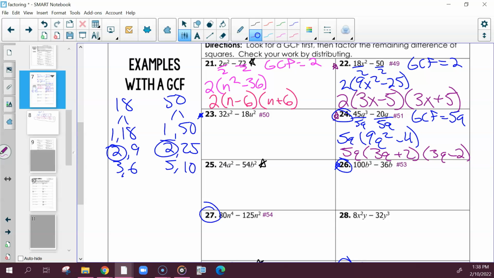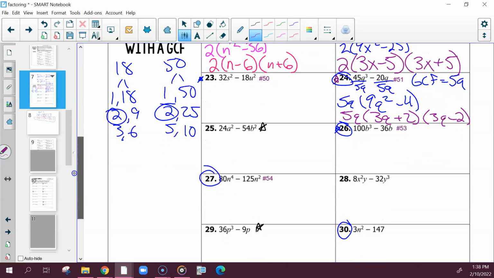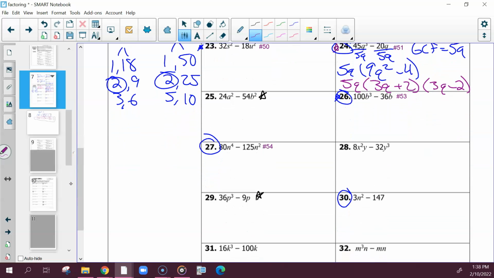Let's do another. 426. Do you know what the GCF would be off the top of your head? Those are bigger numbers, so we have to think about a lot more in common.